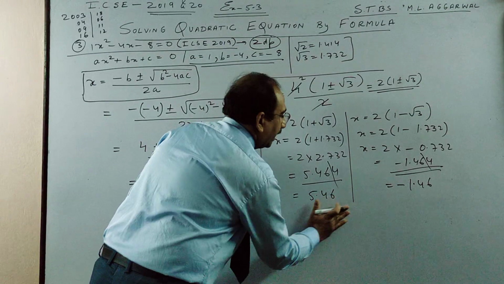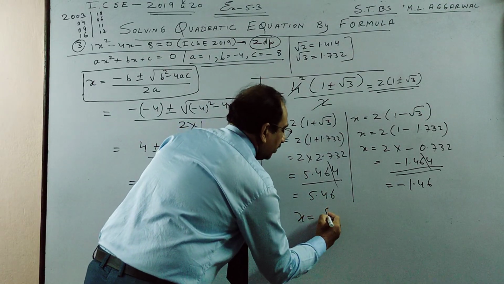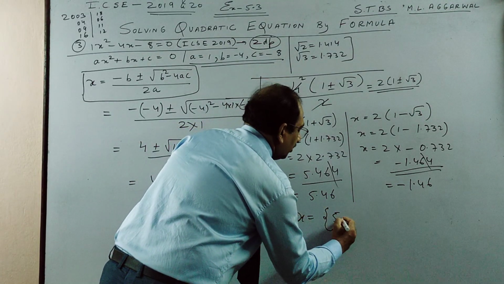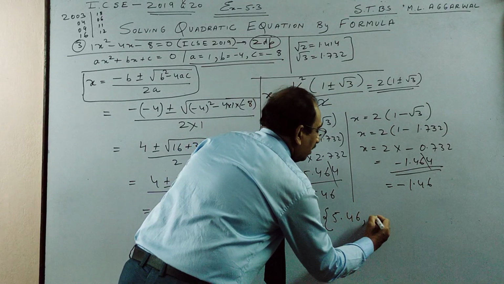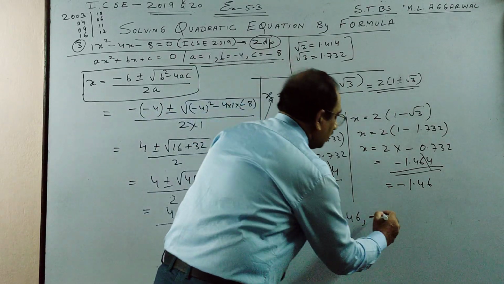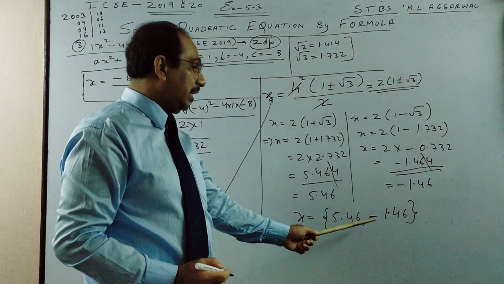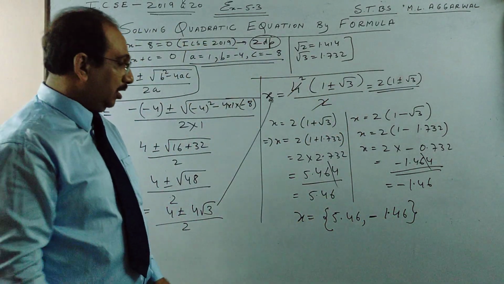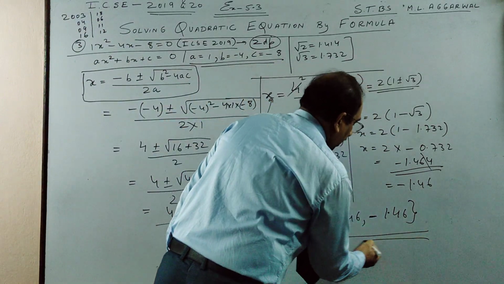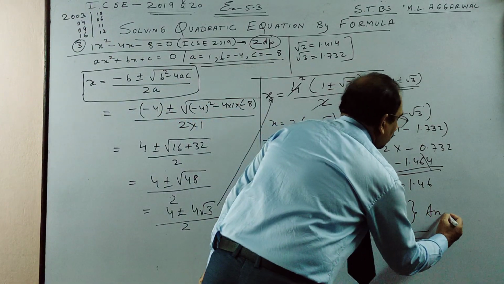So finally you write the answer in middle brackets like this: 5.46 and minus, remember minus 1.46. If both the answers are correct, then and only then you will get full marks. So this is your 2 answer.